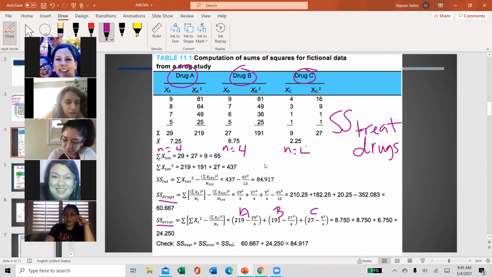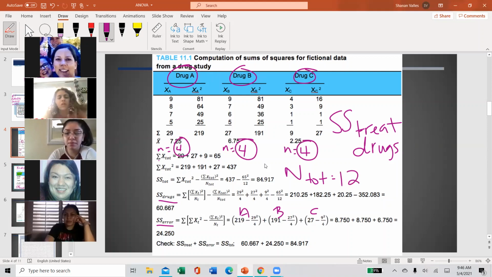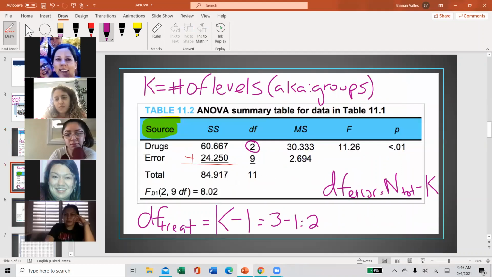Conveniently, there were 4 in each group. If you were to calculate N total, you just add up all the Ns, so 4 plus 4 plus 4 is equal to 12. N total in this example is 12. It's the total number of people in the study. So in this example, we would have 12 minus K. Remember, K was 3, we had 3 groups, and that's where we get 9.